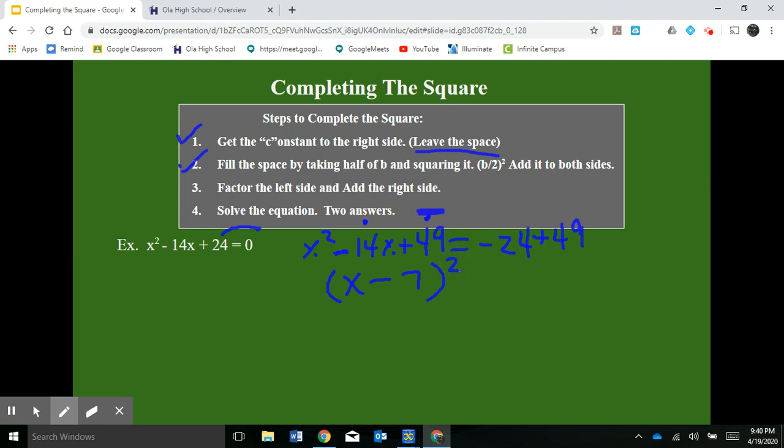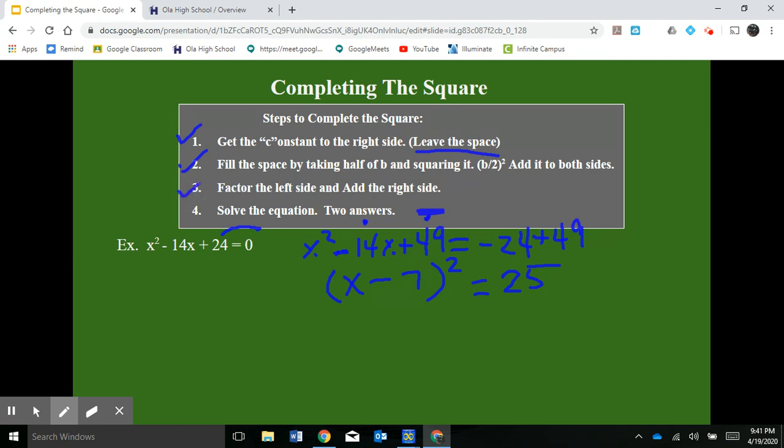So it will always be (x minus 7) squared equals negative 24 plus 49, which equals 25. See why I went over the problems on the previous screen? So we factored the left side and added the right side.